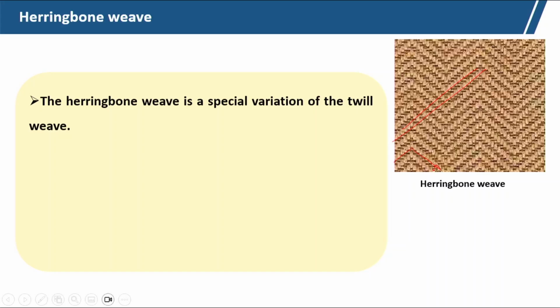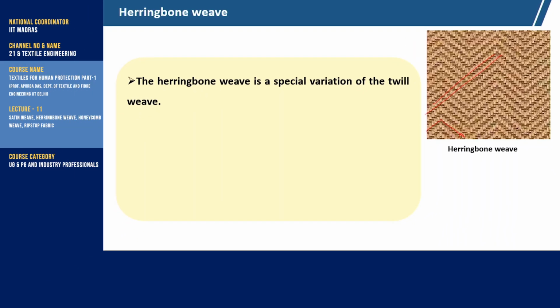Once it goes from left to right upward, then again it comes downward. In this way the weave goes and creates a zigzag structure.